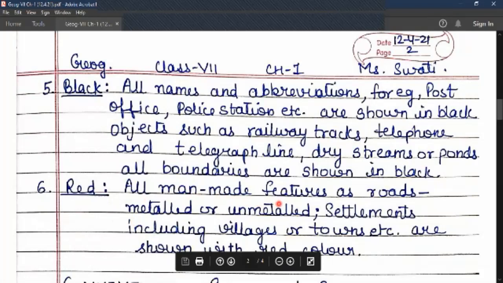All man-made features such as roads, either metalled or pakka roads, or unmetalled or kacha roads. Settlements including villages or towns, etc., are shown with red color.